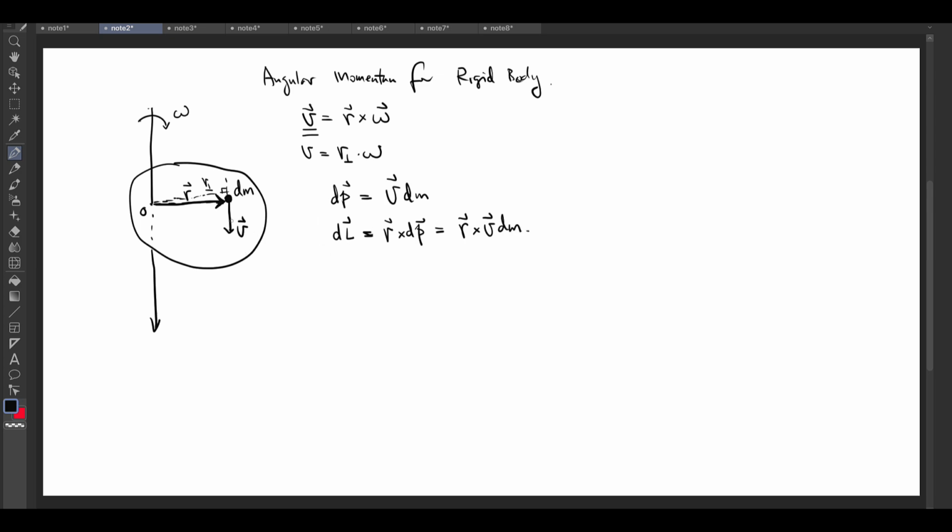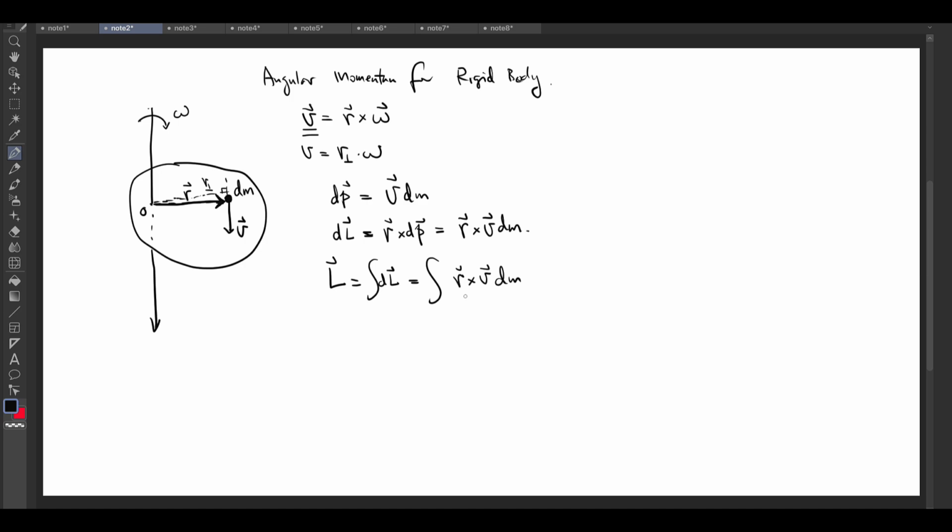Okay, and then later on we need to do the integral here for dL, and then we will end up with the total L. So L, the angular momentum for this rigid body of arbitrary shape, is given by the integral of dL over the whole body, and that is given by the integral of r cross v dm.